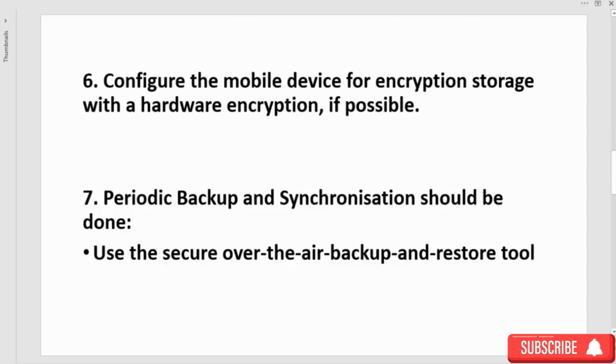Always configure the mobile device for encrypted storage with hardware encryption if possible. Next, periodic backup and synchronization should be done. Use the secure over the air backup and restore tool, because this tool will help you to synchronize apps in the background.